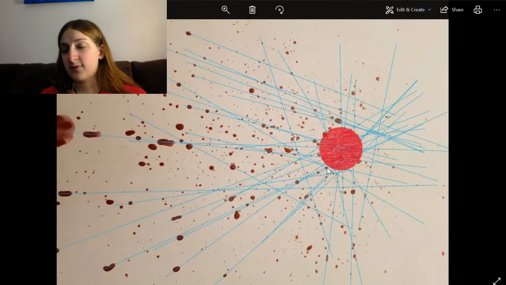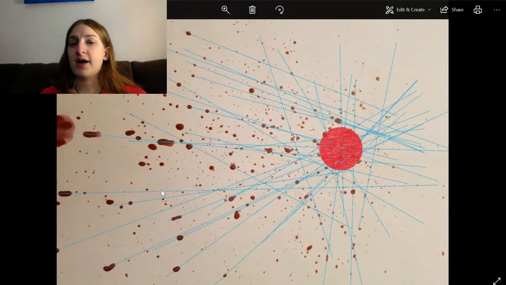This was actually something for a project I did where I created my own bloodstain and used various droplets of blood that were relatively elongated, and then I used that to give myself a general area of convergence, which was this red circle right here. Again, you need a lot of blood droplets in order to even make a rough estimate on the point of convergence. It's all you can really do.